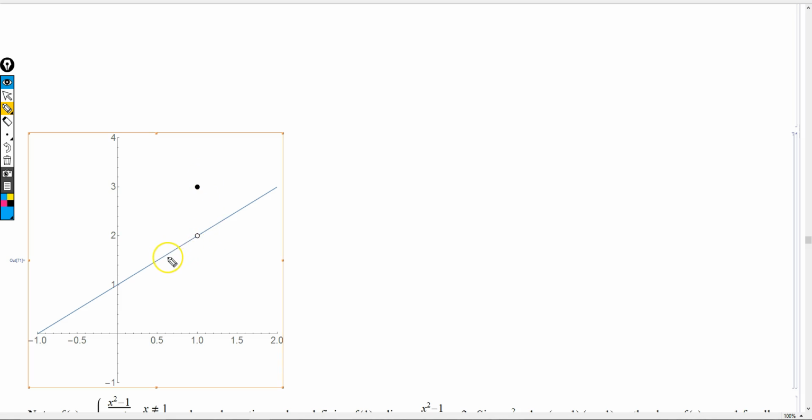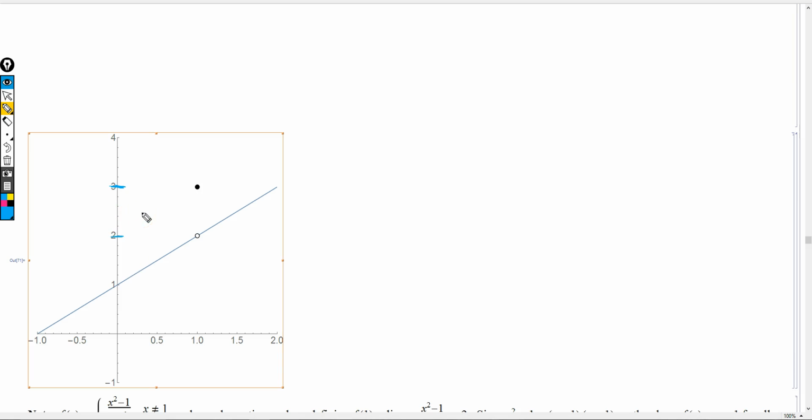You notice that the limit, we showed the limit was 2, and that's what we see from the graph. The limit is 2 right there, and the function was defined at 1 to be 3, and so we see here 2 does not equal 3, so that's why our function is not continuous.